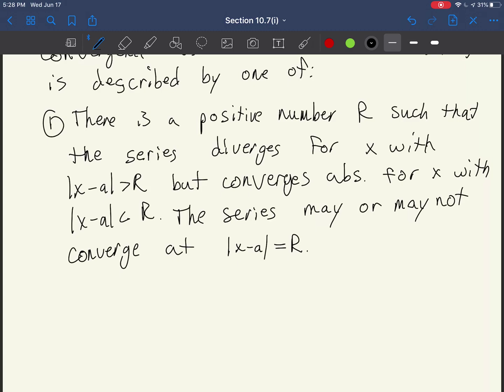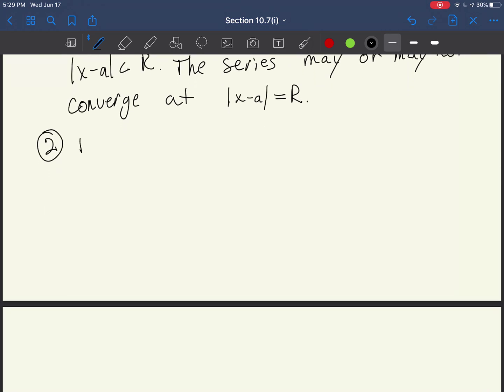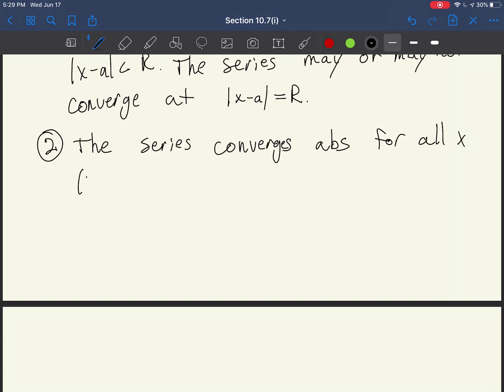This comes straight from the previous theorem. We said that if it converges absolutely at some point, then it converges on an interval. And that's all we're saying here, where it converges on this interval, x minus a is less than r. Okay, if it's not described by that, then we know that it could be described by the series converges absolutely for all x.